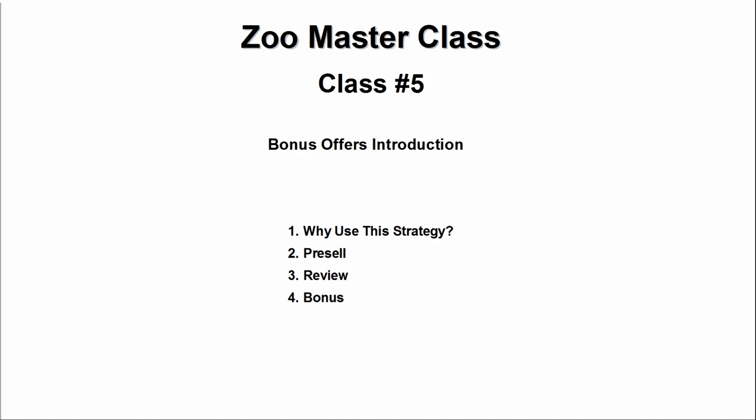Now, my strategy has a number of different pieces to it, and you can decide which of these pieces you want to use, and you can even change this up from one promotion to the next. Sometimes you might be promoting a really cheap product, say one that's only $9.